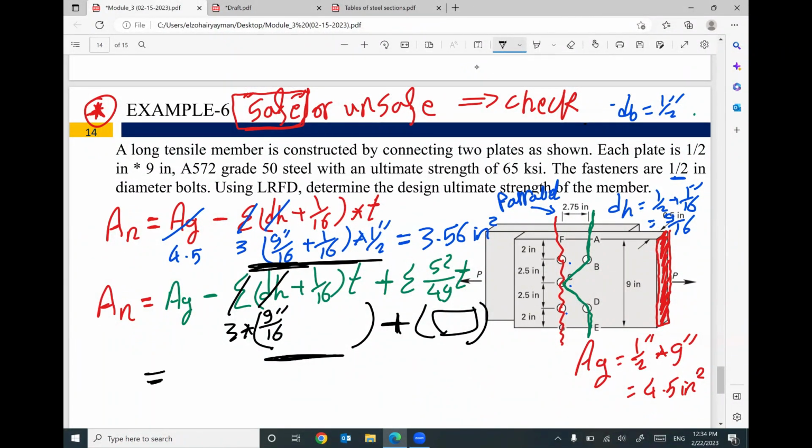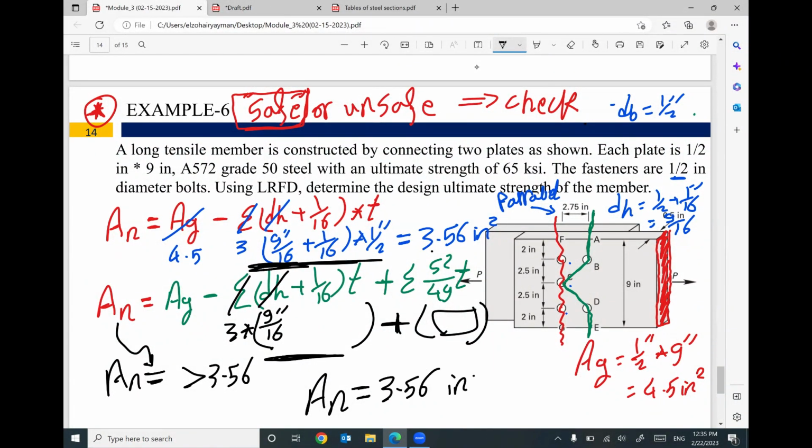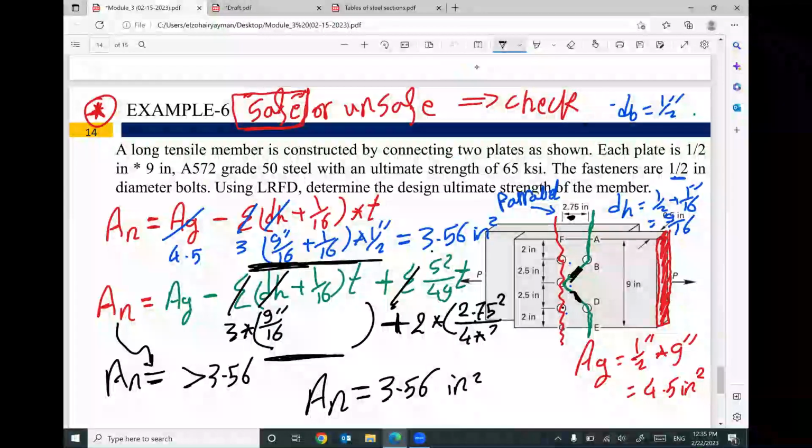Do you expect the final answer for area net coming from this one will be 3.56 or something greater? It will be greater than 3.56. Let me continue to prove it for you. We have here summation. This summation will be, we have this one and this one, looks like 2. Your S square looks like the horizontal distance, 2.75 squared. Divided by 4G, your G is the vertical distance, looks like 2.5.